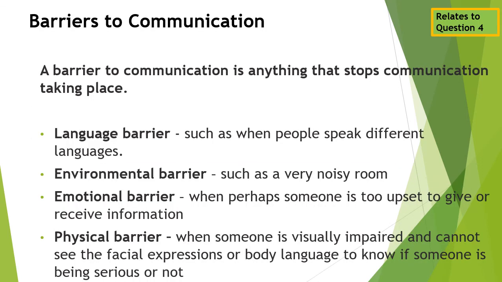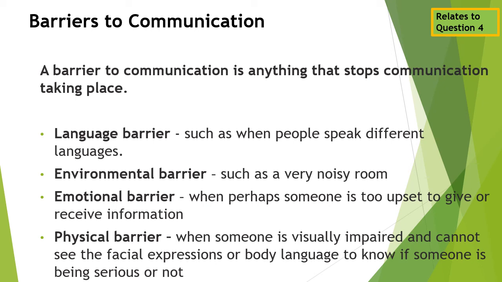So we're now going to look at slides relating to question number 4, and we're going to look at barriers to communication. A barrier to communication is anything that stops communication taking place. Over the next couple of slides, we're going to talk about some of the barriers. A language barrier. This can be when, for example, people speak different languages.